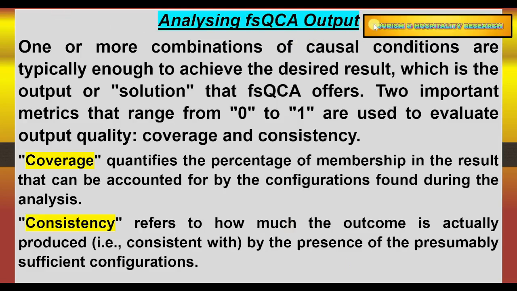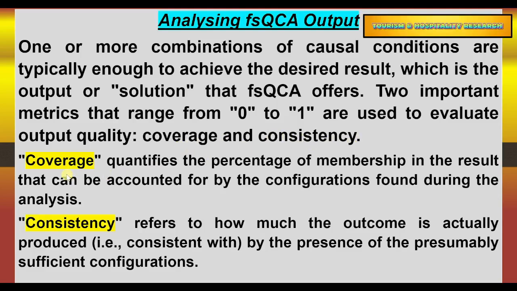How to analyze the output generated through the truth table? One or more combinations of causal conditions are typically enough to achieve the desired result, which is the output or solution that fsQCA offers. Two important metrics that range from 0 to 1 are used to evaluate the output quality, which is assessed through the coverage and the consistency.